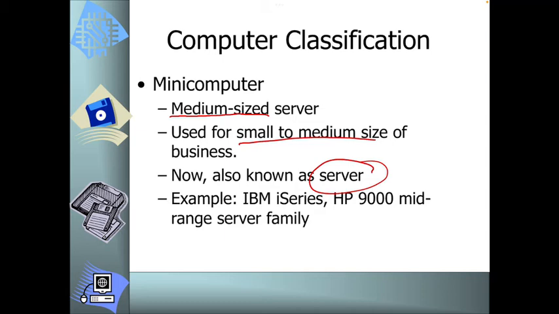For example, here we have the IBM i series and the HP 9000, for the mid-range server family. So the keyword here is server. This is what we also have in our university, for example a server for email and so on.